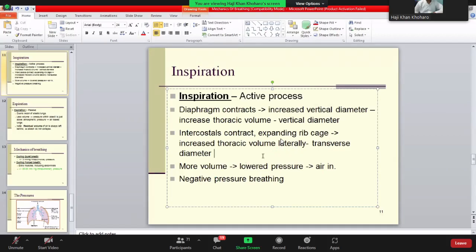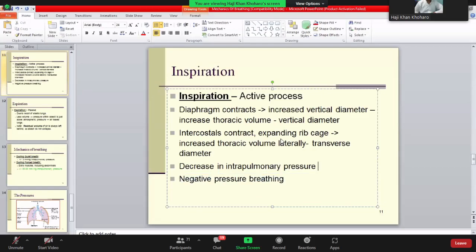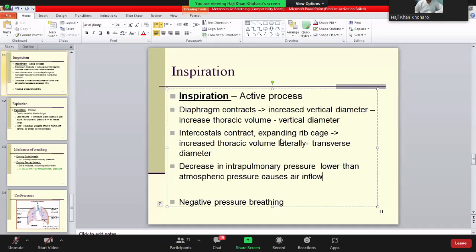So this causes a decrease in intrapulmonary pressure. As the pressure decreases in the thoracic cavity, the decrease in intrapulmonary pressure to lower than atmospheric pressure causes air inflow, and this is known as negative pressure breathing.